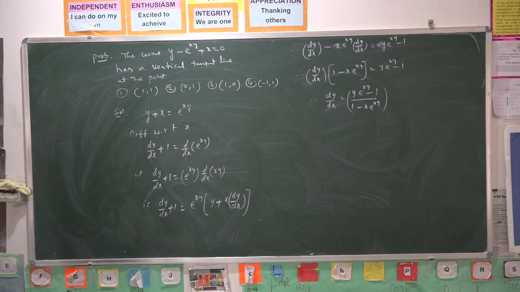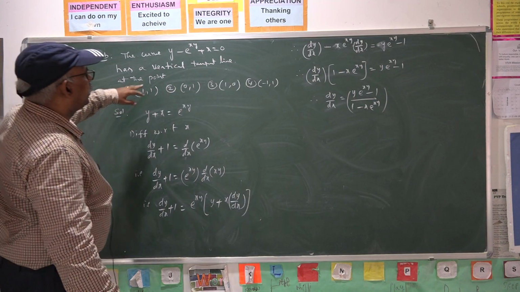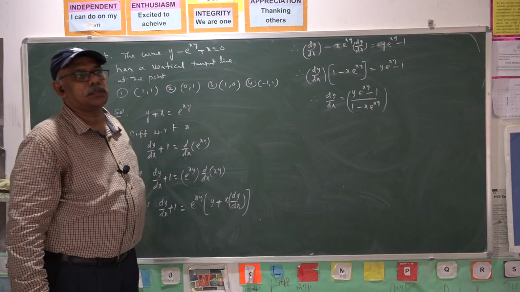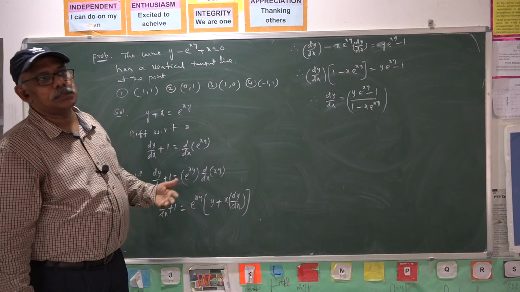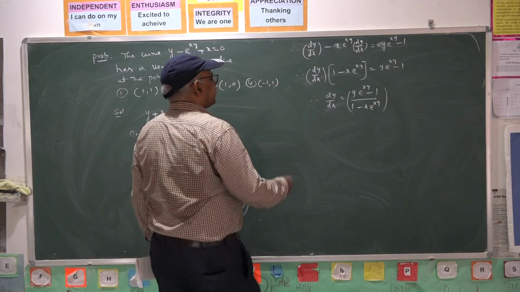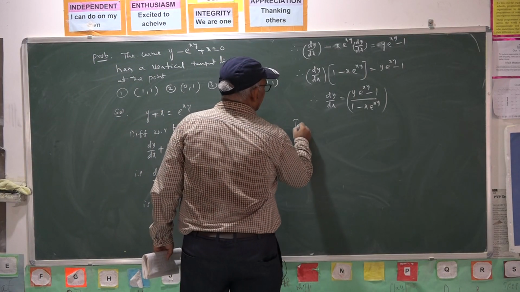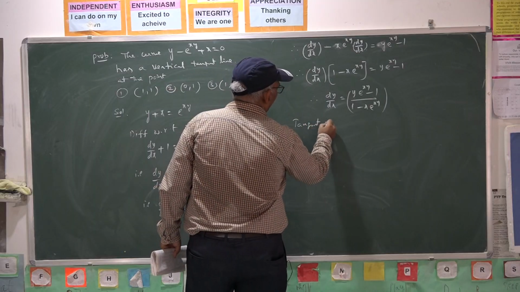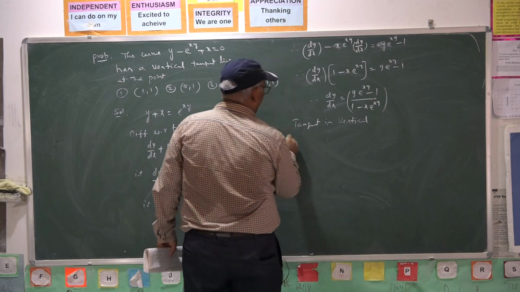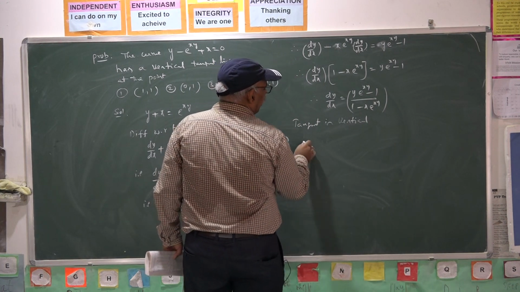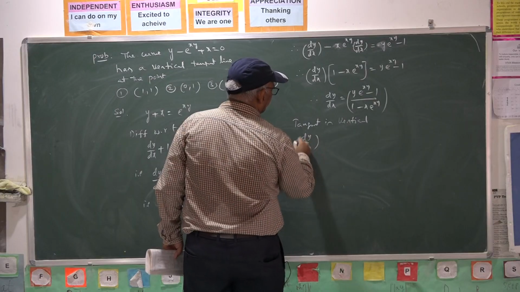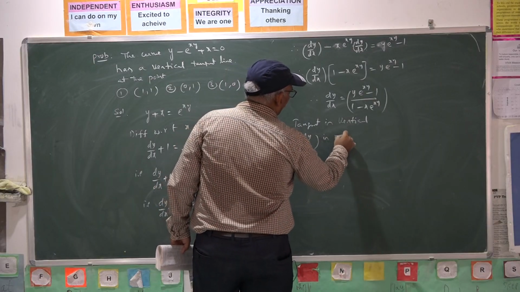Now, the tangent is vertical. Once the tangent is vertical, it is parallel to the y axis. For a vertical tangent, the slope of the tangent is not defined. So, tangent is vertical implies dy by dx is not defined.